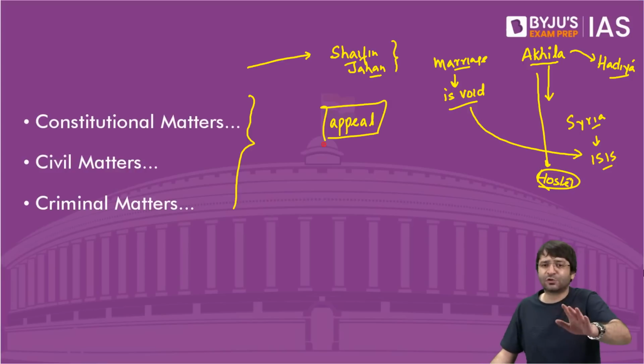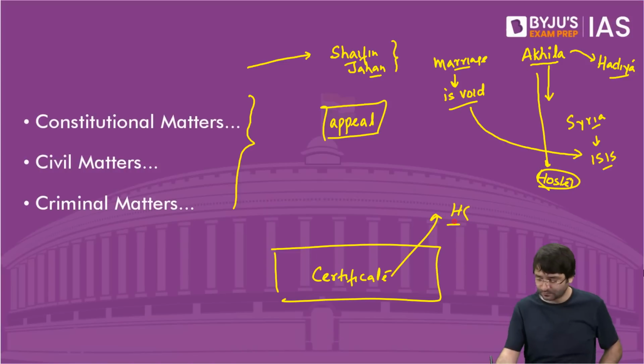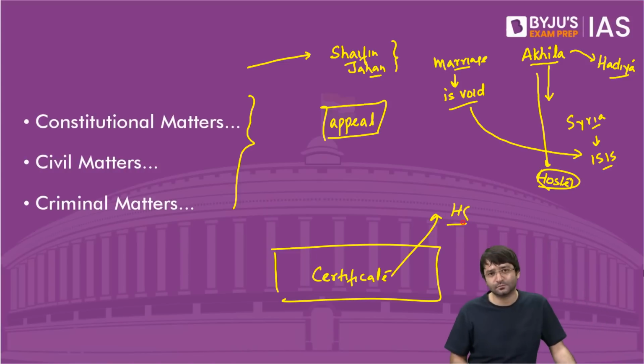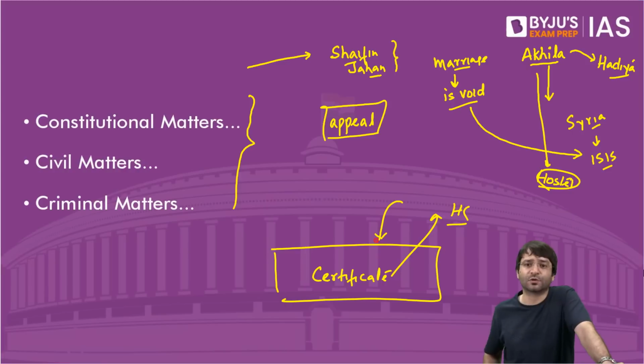Not every case goes to the Supreme Court. Only those cases go to the Supreme Court where a certificate is issued by the High Court. When Shafin Jahan lost this case, he asked, I need a certificate. I want to move the Supreme Court. Why? Because I think this is a constitutional matter.